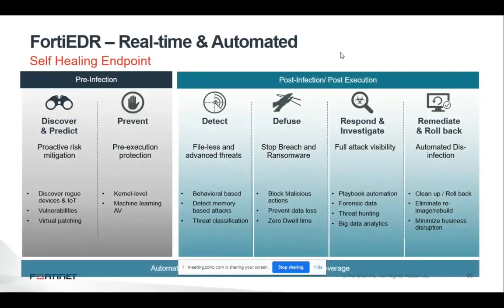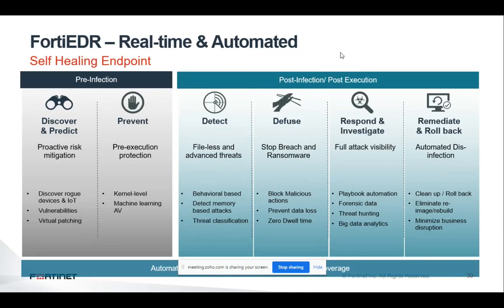So FortiEDR is an advanced endpoint protection solution that detects and defuses threats in real time to protect critical infrastructure while addressing a cyber resource shortage. By combining endpoint protection, detection, and response, FortiEDR stops breaches in real time and remotely automates remediation response to allow endpoint resiliency.